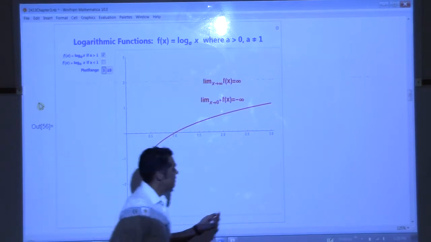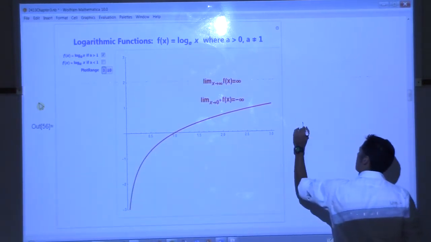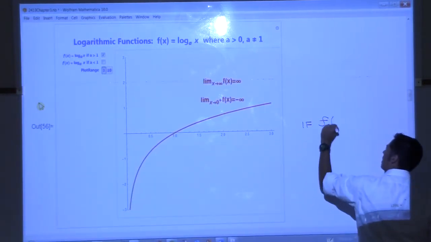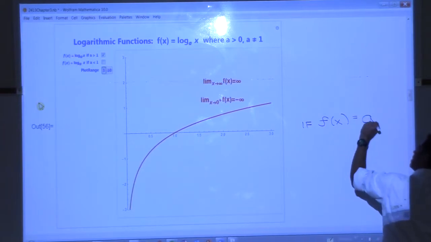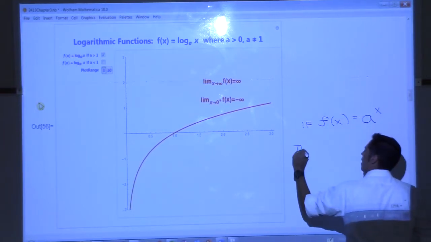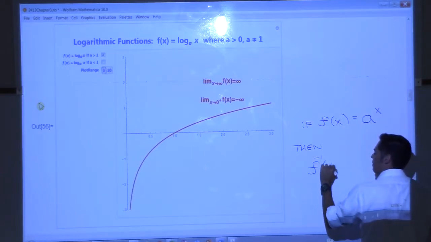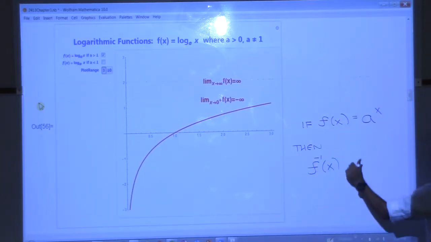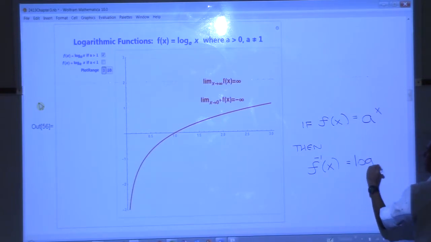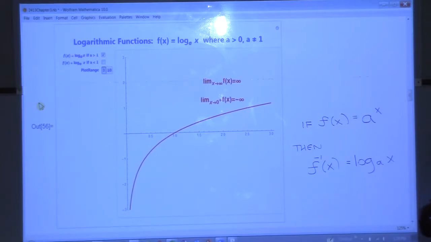So if you're given an exponential function, f of x equals a to the x, then the inverse of that function will be log base a of x. The property of an inverse is that when you put them together, they basically wipe each other out. They undo each other.